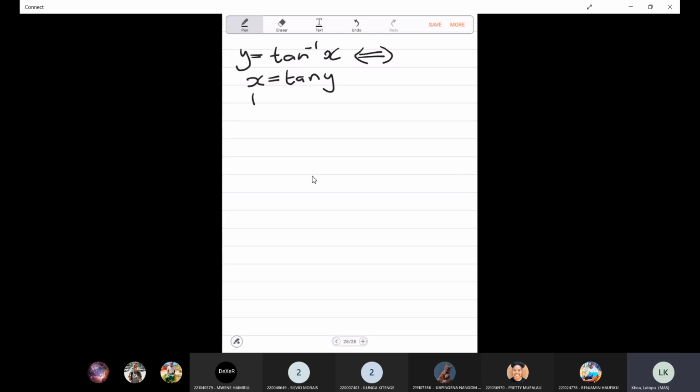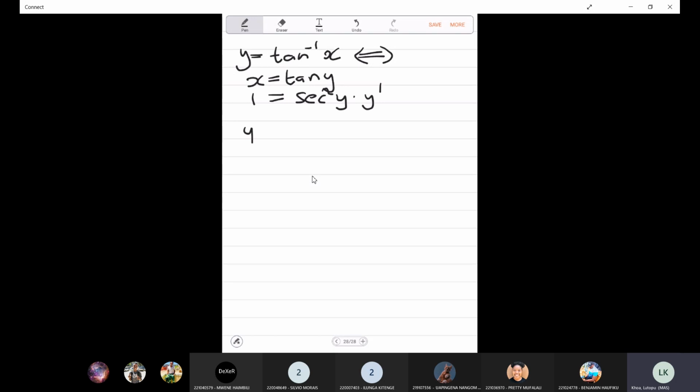Here we have 1. This is equal to the derivative of tan, which is sec squared of y, and we multiply by y prime.